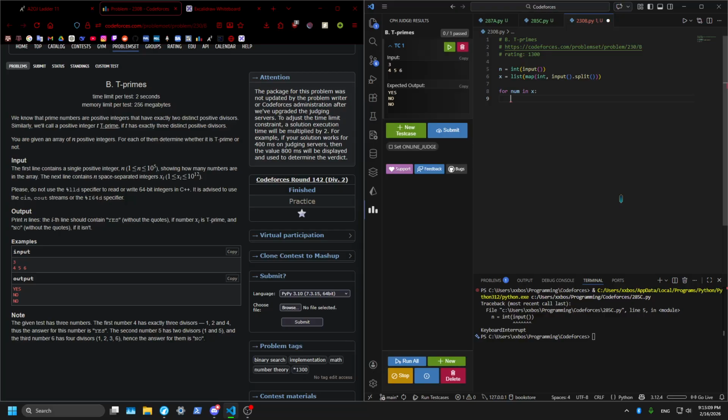It's like we have to print no for every number. We have to find the largest number that fits in the sieve.